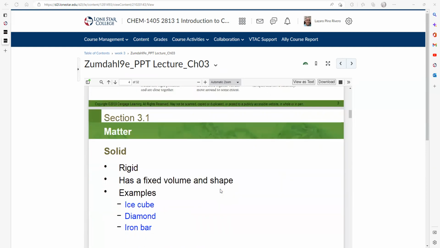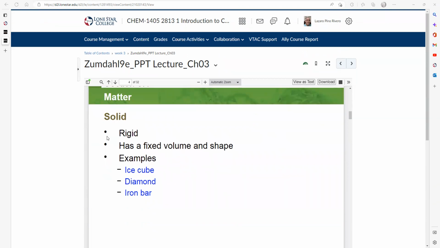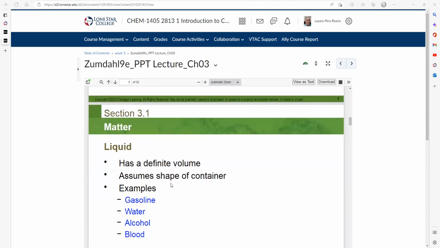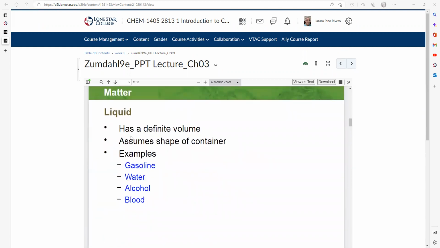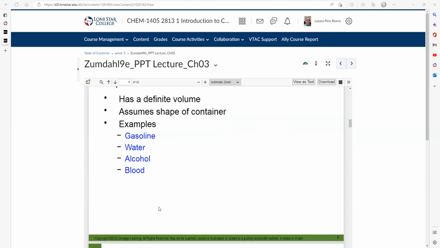We can say that, for example, a solid is rigid, has a fixed volume and shape. And here you have some examples. In the liquid state, it has a definite volume, but the shape depends on the container. And here we have some examples.